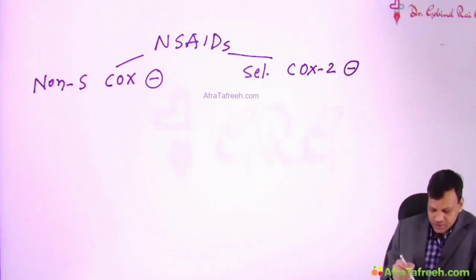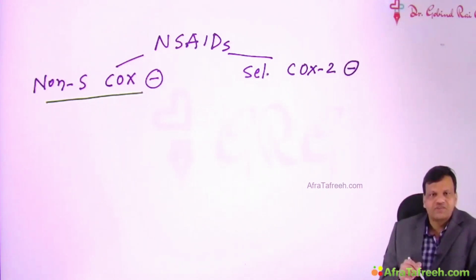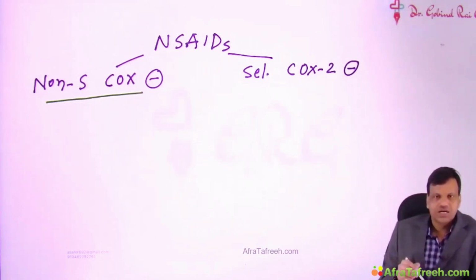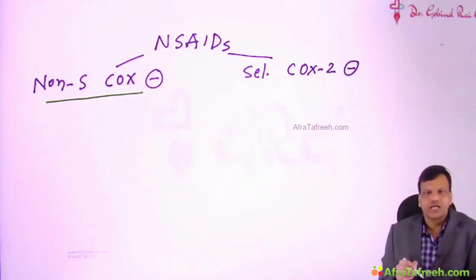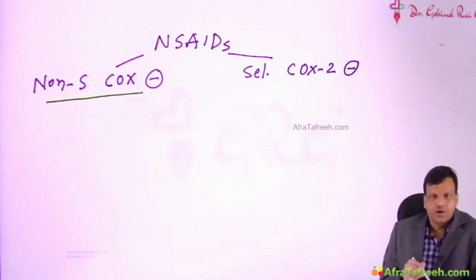The basic difference between these two groups is that non-selective drugs will also inhibit COX-1. That means they can interfere with normal functions also. And the most important function you need to recognize is that prostaglandins, particularly prostaglandin E2, protect the stomach. So when we inhibit COX, prostaglandin will not be produced in the stomach, so there will be no protection.